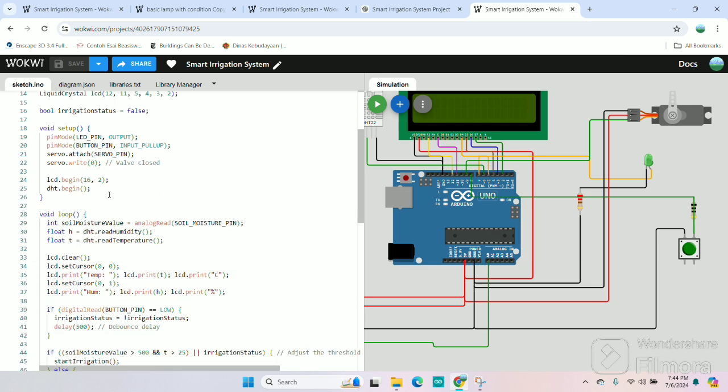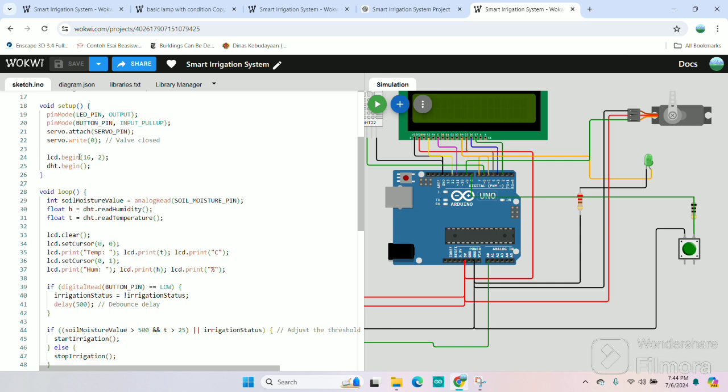At first, we create the setup. In the setup, we should consider that the LED pin is for the output, and then the button pin is an input, but this has a pull up, right?